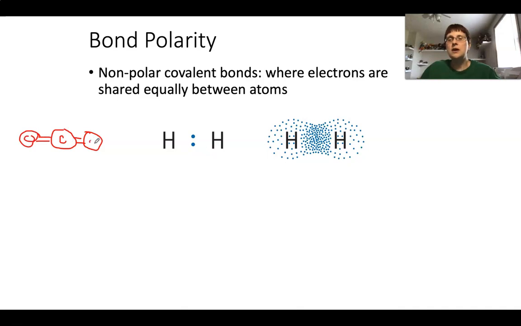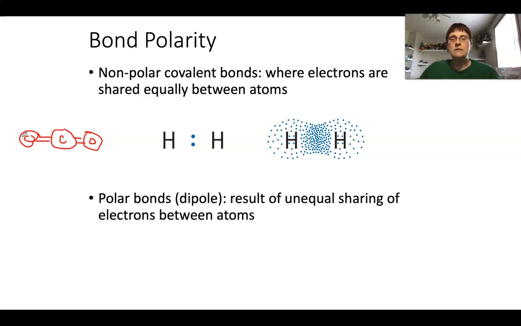I know, I'm not the greatest at drawing with a pen. But we had carbon with oxygen on either side. These aren't all the same atom, but the oxygen on this side is going to pull just as much as the oxygen on that side for the electrons. And so this would be considered non-polar because everybody's kind of sharing equally. Everybody's kind of pulling the same amount on those electrons. So it's an equal tug of war.